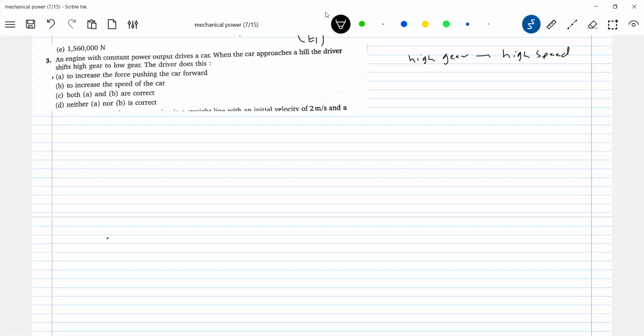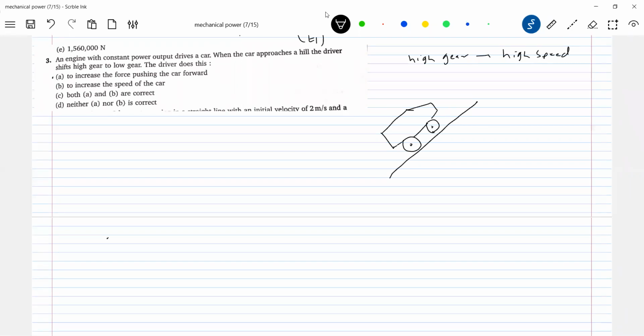So if you look at basically a car, front and rear wheels.